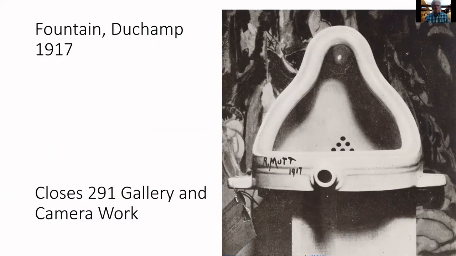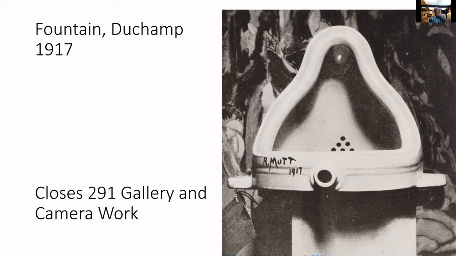Duchamp and a number of artists come over during the war. Duchamp, of course, is the surrealist genius who sort of invents postmodern art 60 years before it exists. And he had done this famous piece called Fountain, which was just a urinal tipped upside down. He takes a pseudonym, R. Mutt.